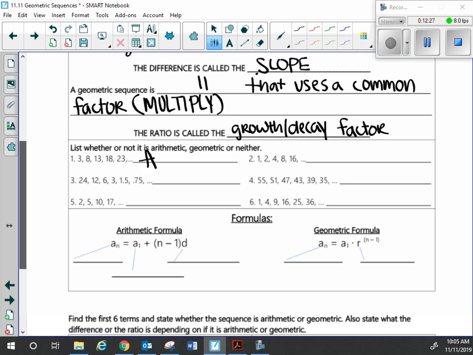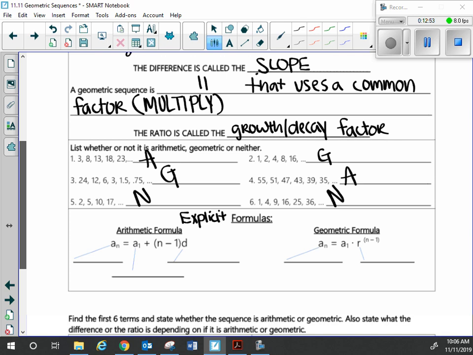Arithmetic, you're adding 5. 2. Geometric. 3. Geometric. 4. Arithmetic, you're subtracting 4. Number 5. Neither. 6. Neither.